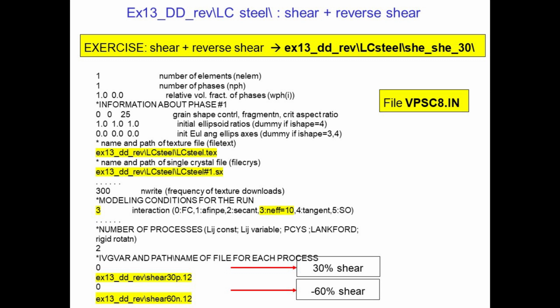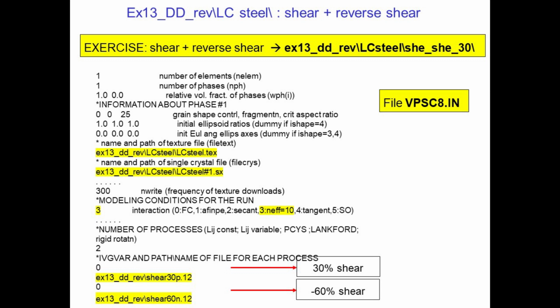The files that you are going to be using are here in this directory: LC steel shear to 30%. There is the texture of the steel. There is the single crystal file for the steel. This problem was run with n effective equal 10, so something in between the tangent and the secant.